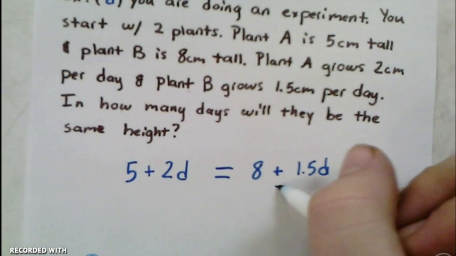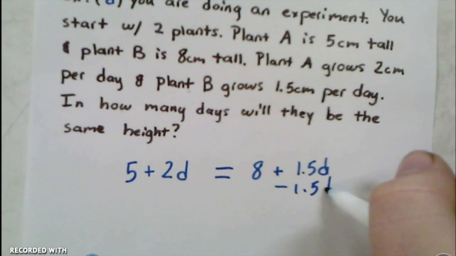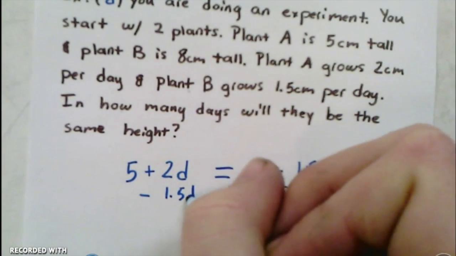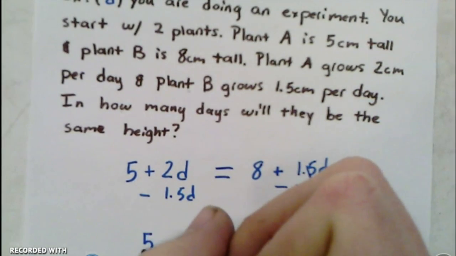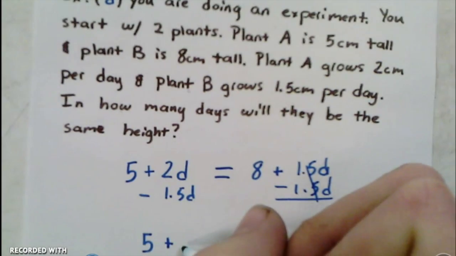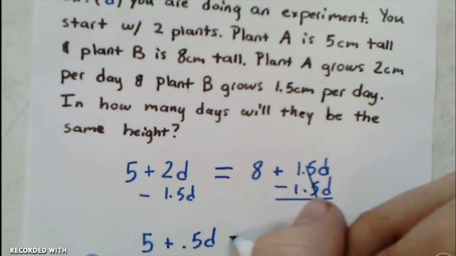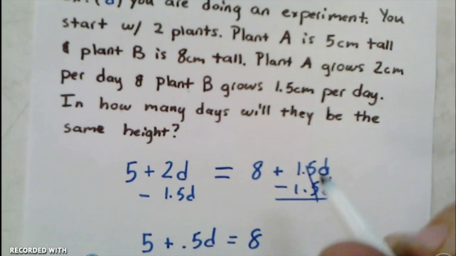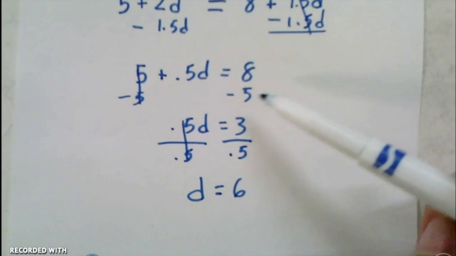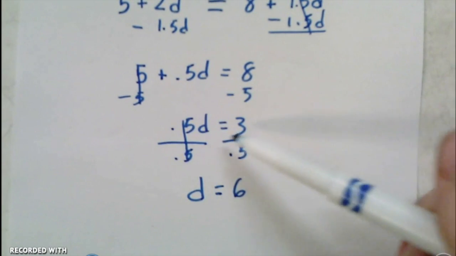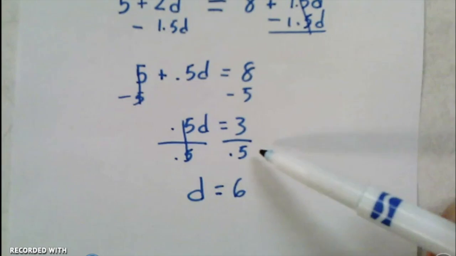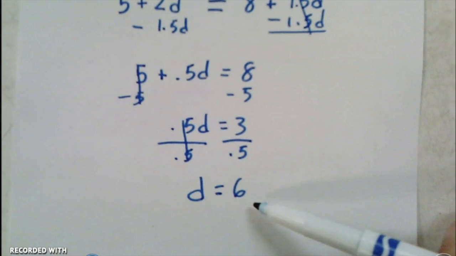So we're going to subtract 1.5 days and subtract 1.5 days, and I will get 5 plus 0.5 days equals 8. I did it again. I brought it off the screen. So here I subtracted 5, 0.5 days equals 3. I divided by 0.5, divided by 0.5, and I got D equals 6.